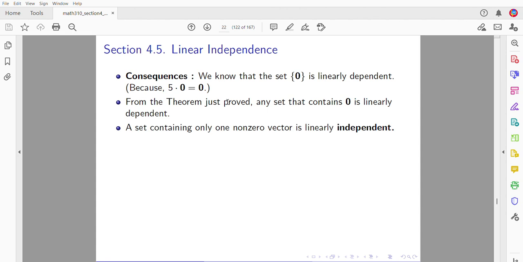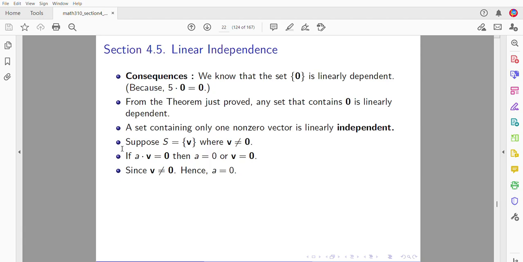Now, on the other hand, suppose you have a set containing only one non-zero vector. Then that set has to be linearly independent. Why? Suppose S equals the set containing one vector, where that vector is non-zero. Suppose a scalar times the vector is the 0 vector.